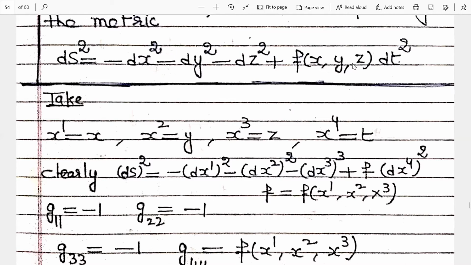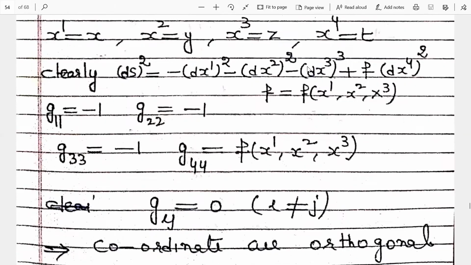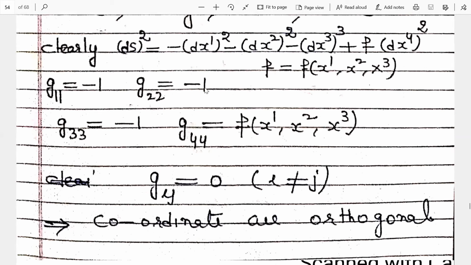Remember, the other entries are 0, right? So the other entries are 0. It means these coordinates are orthogonal. Clear? So that is the basic previous concept. If the diagonal entries are non-zero and the others are 0, then the coordinates are orthogonal.